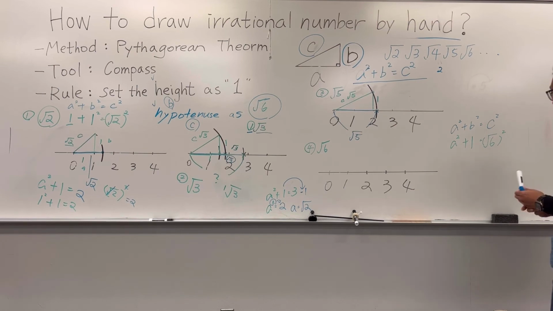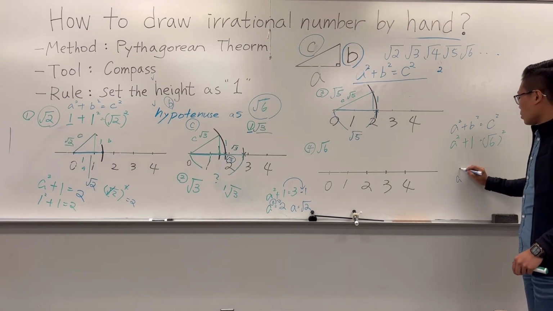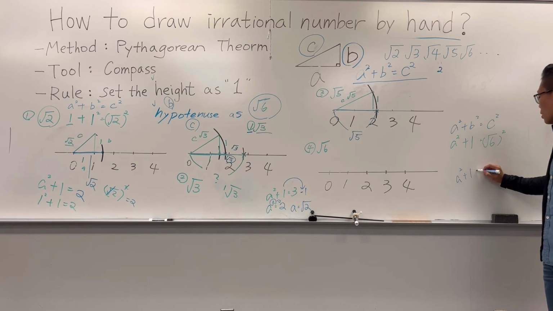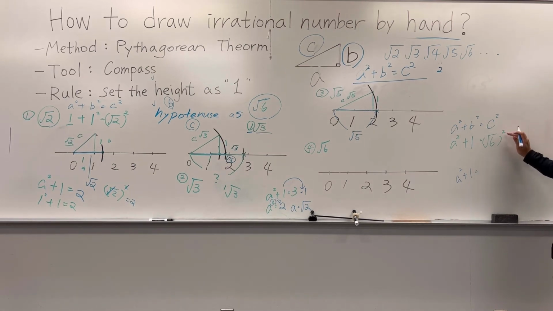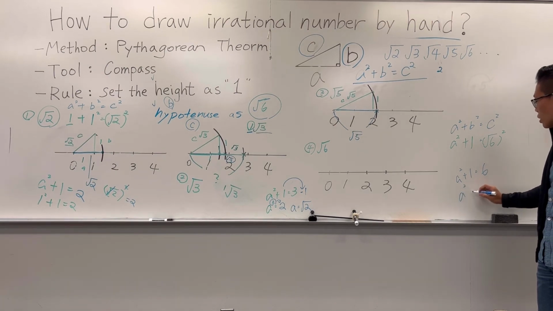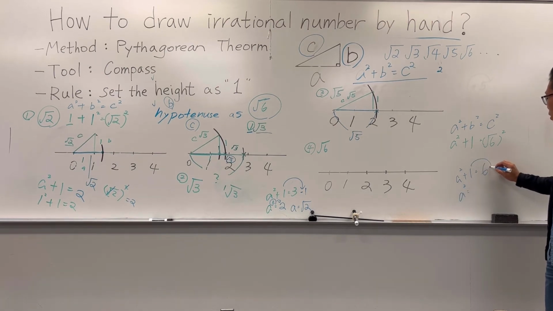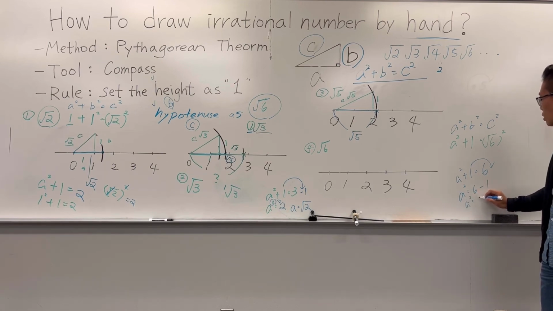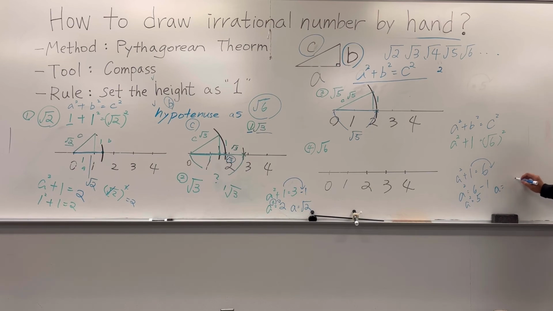Quick calculation: a squared plus 1 equals 6, because the square and the square root cancel each other out. So 6 minus 1 is 5, so a squared is 5, and a here is the square root of 5.